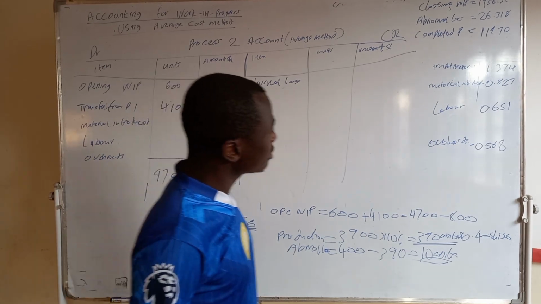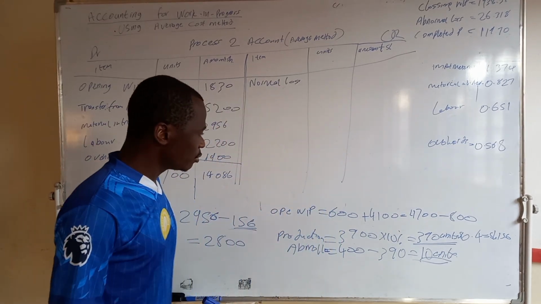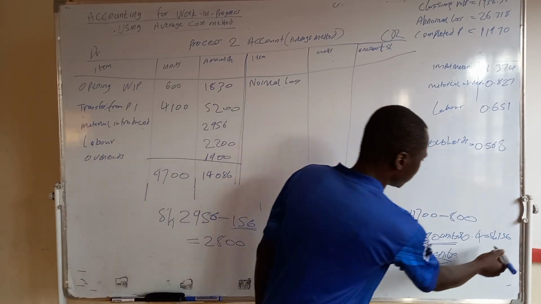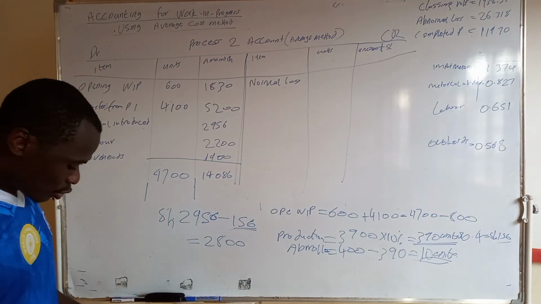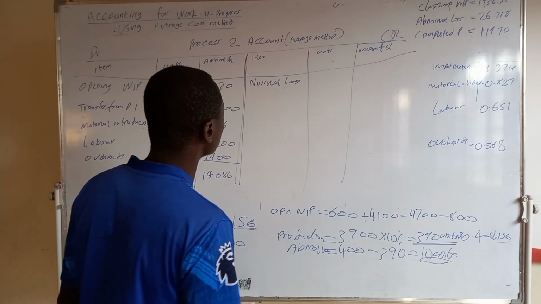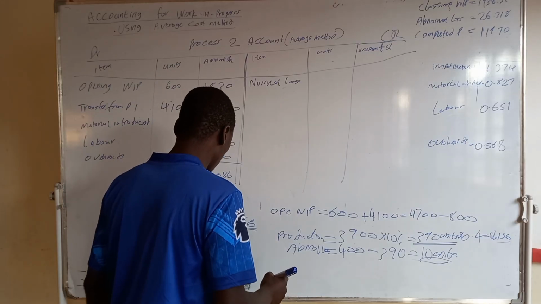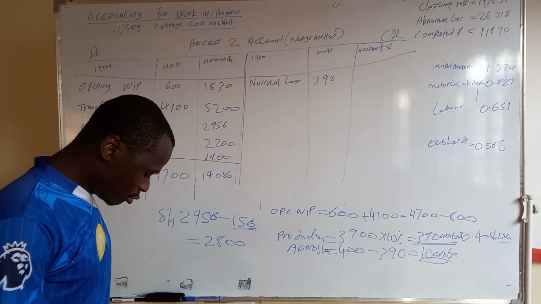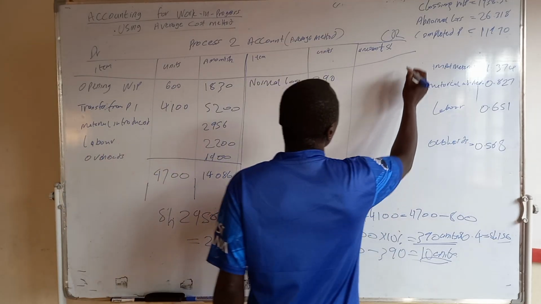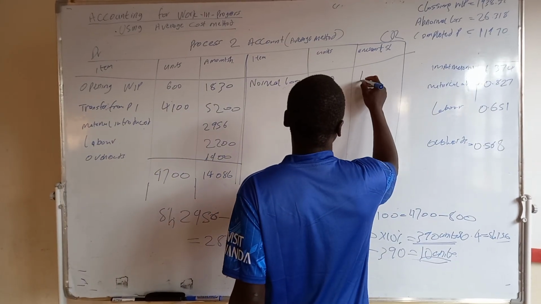There were 390 units. Normal loss 390 units, sold at about 156.